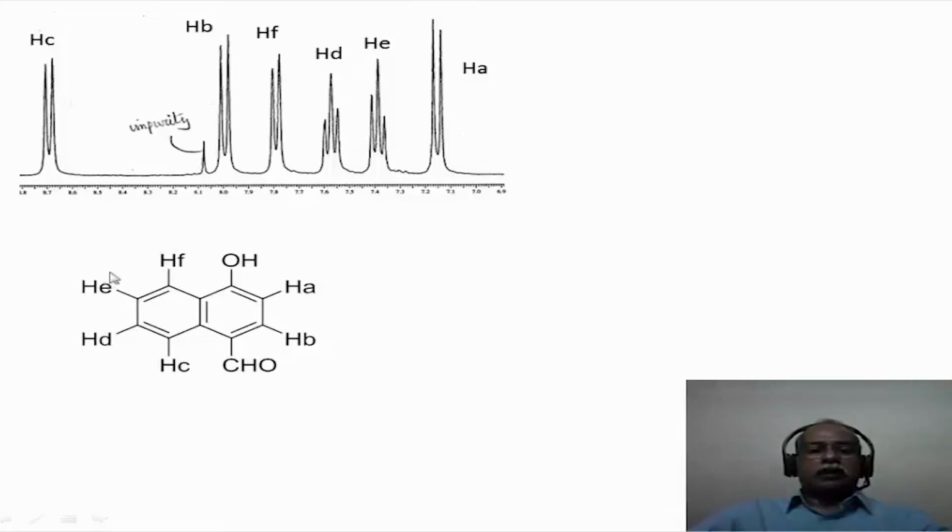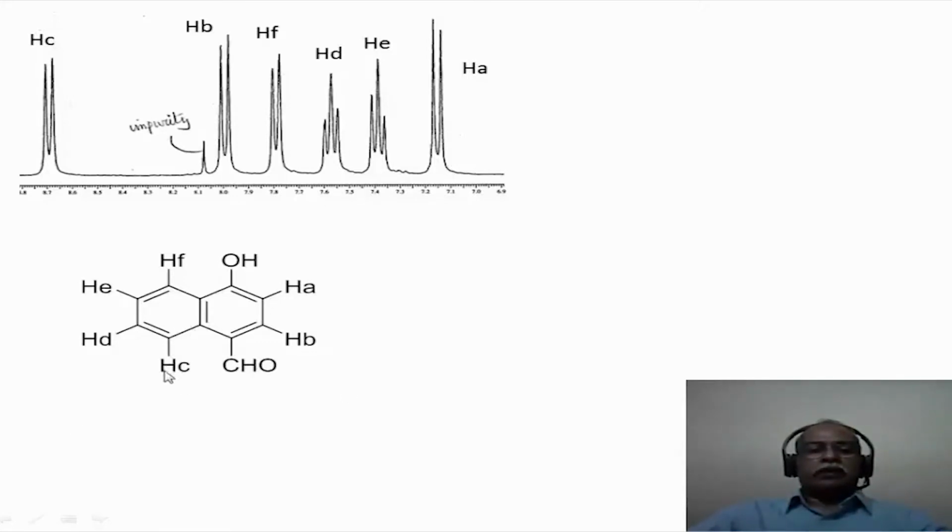Both HE as well as HD will appear as a triplet. This one corresponds to HD and this one corresponds to HE, based on the electronic effect of the aldehyde, which is more in the case of HD and less in the case of HE. So HE is more shielded compared to HD, which is more deshielded in this case.